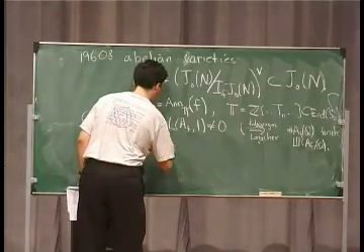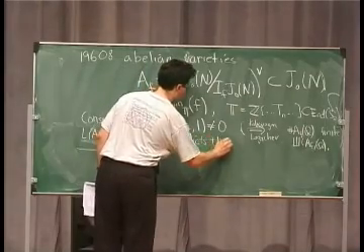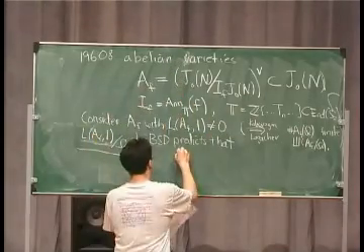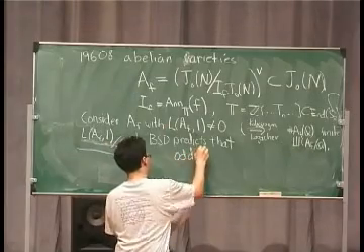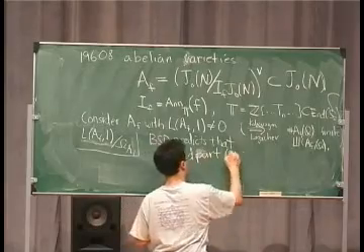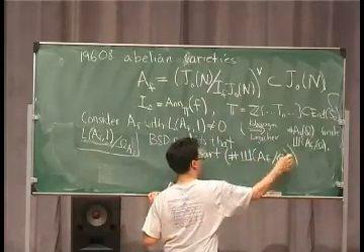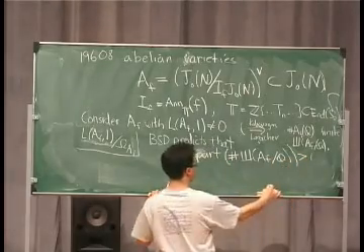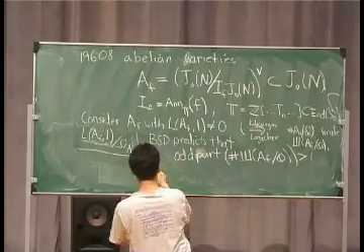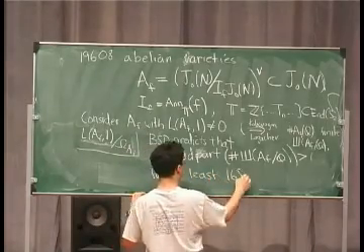The Birch and Swinnerton-Dyer conjecture predicts that the odd part of the cardinality of the Shafarevich-Tate group of A sub f over Q is definitely bigger than 1. It's divisible by some odd prime for at least 168 of these.